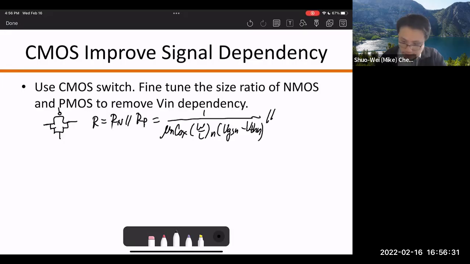In parallel with the PMOS version. The on resistance of the PMOS is 1 over mu p Cox W over L of the PMOS times (VGSP minus VTHP), where I take the magnitude.